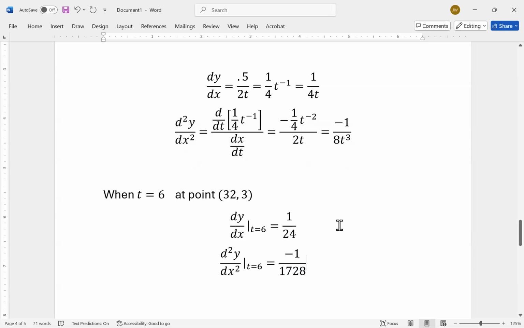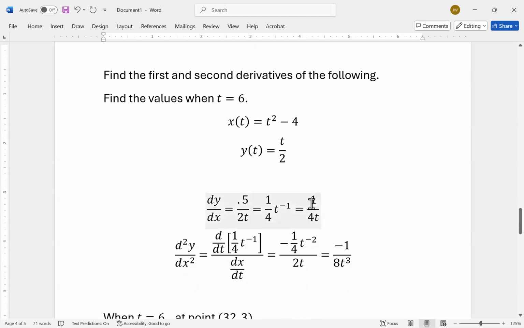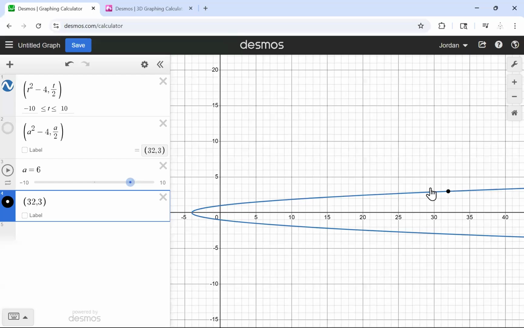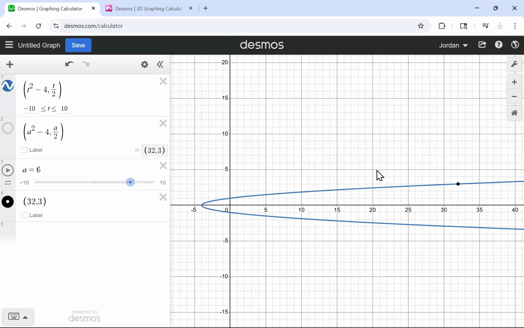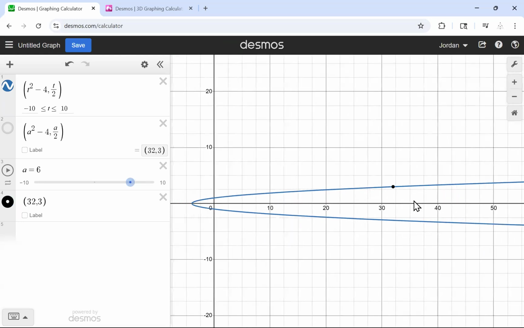Let's just graph this to see what's happening and kind of confirm what's going on. So I've graphed that. Obviously, the graph of this parametric set of equations gives me a parabola pointing to the right. And at the point 32, 3, we're out here.